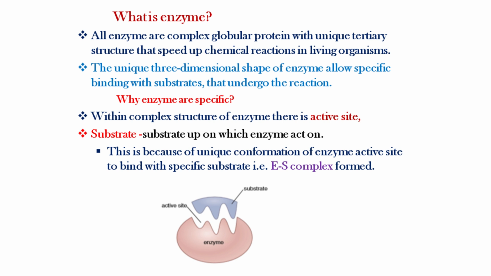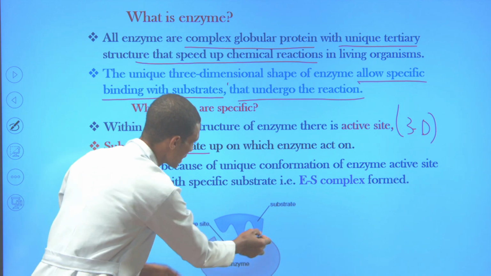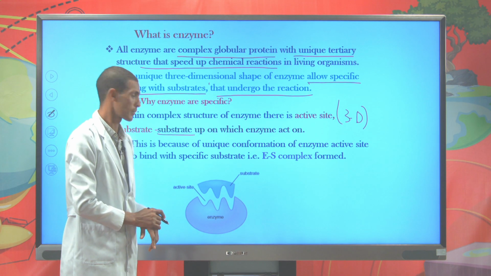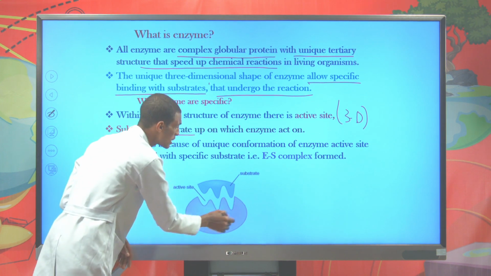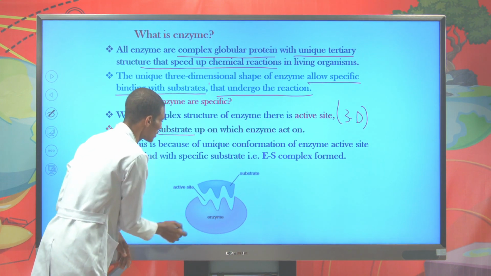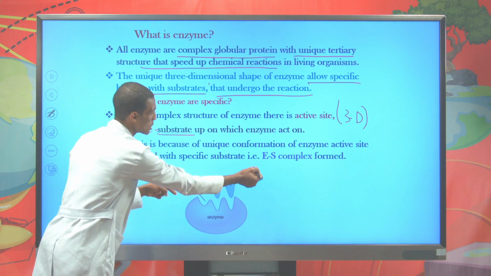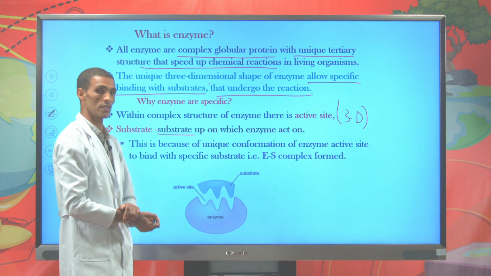So what makes an enzyme specifically catalyze a specific chemical reaction is the shape of the active site. For example, let's say this one is an enzyme. It has an active site, and the shape of this three-dimensional structure allows it to bind specifically with a specific substrate.